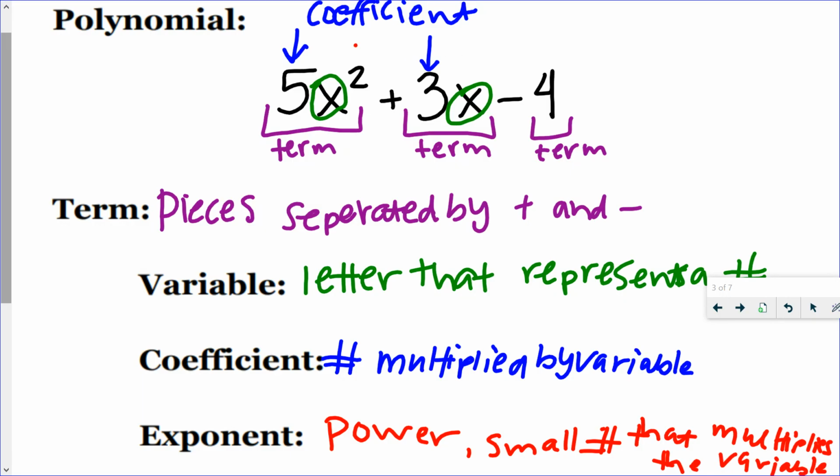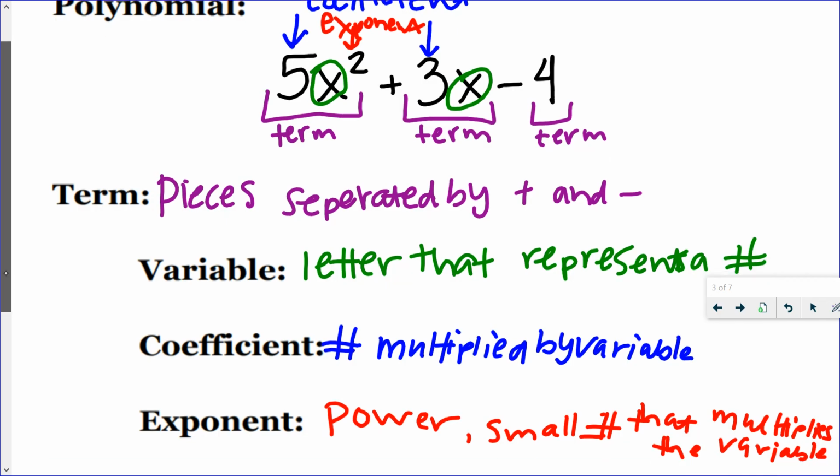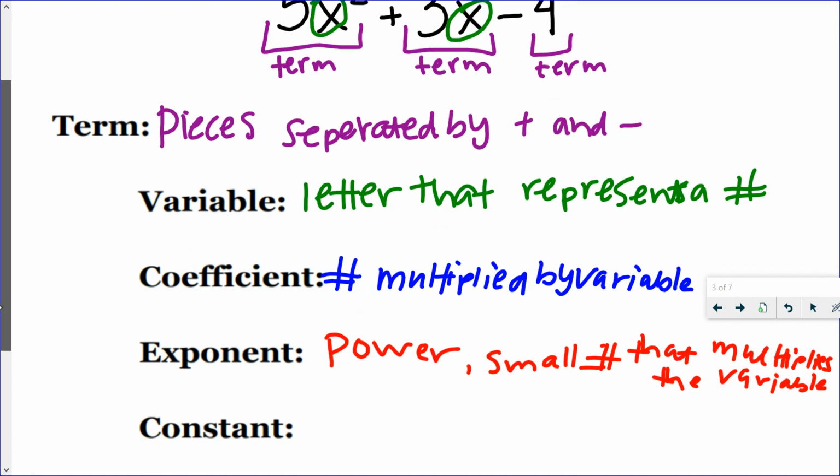Here we have 2. This is our exponent. It's that small number. The value itself might not be small, but it's physically written small up in the corner.